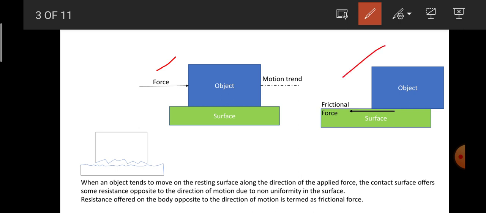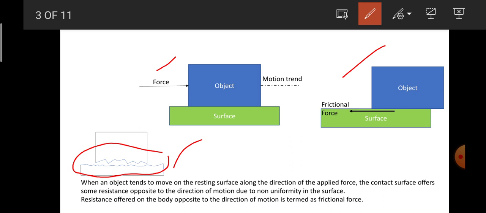That is represented by the second sketch. The third sketch represents the microscopic view of the object along its surface, where there are a lot of undulations which create non-uniformity in the surface. So whenever the force is applied on the object, we notice that there is a motion trend.